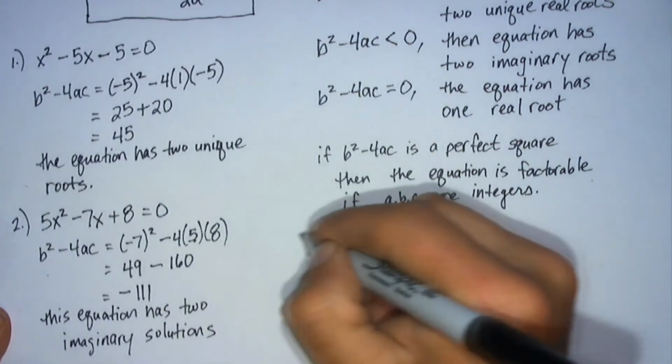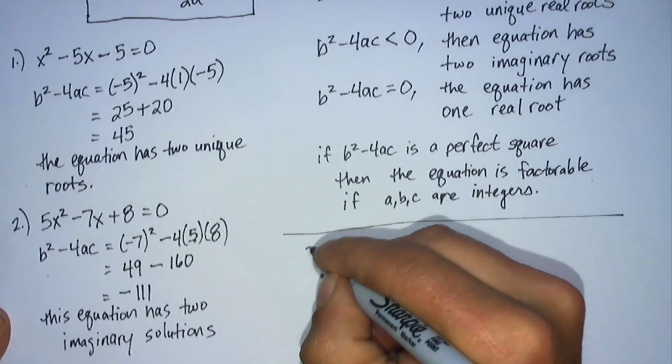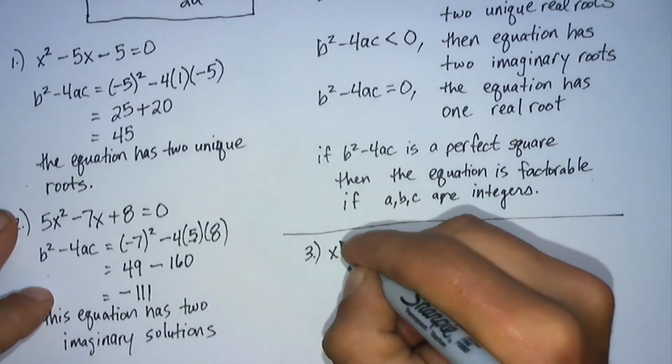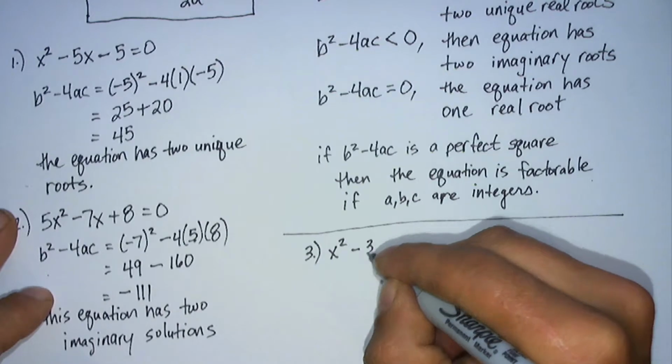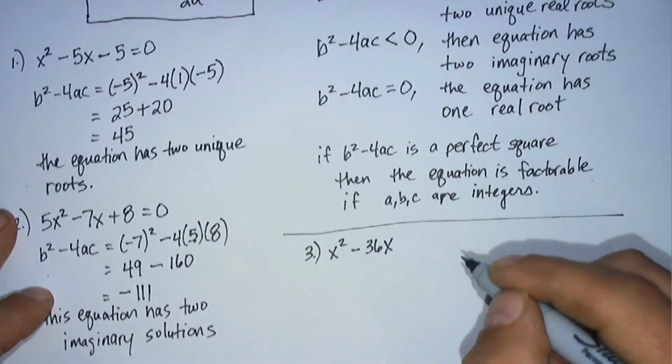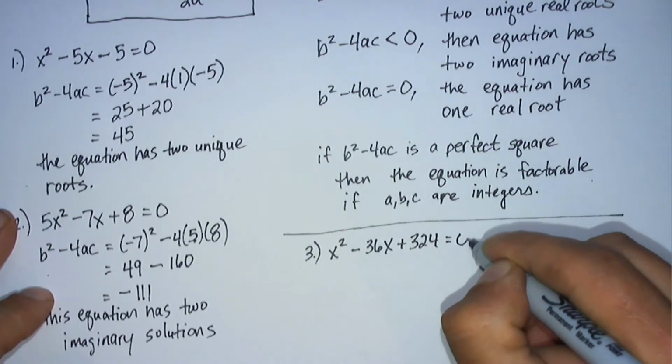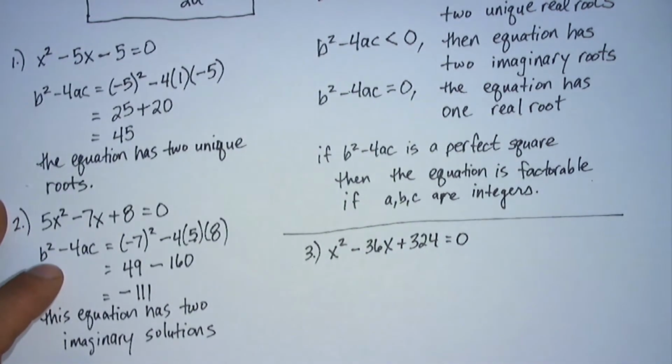Let's look at one more example here. Number 3. This is going to be x squared minus 36x plus 324. Oh, that's a big number there.